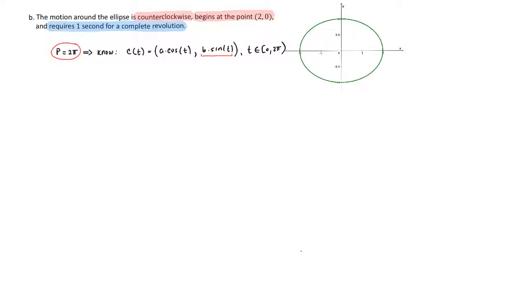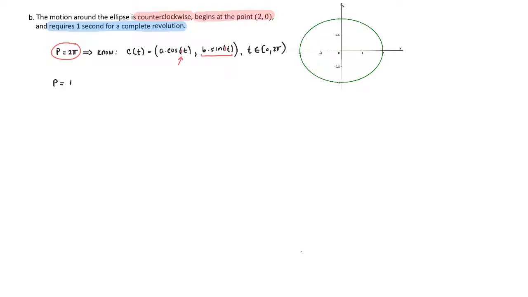But if we change the period, if the period now needs to be 1, then we are going to have to adjust our parametric equation. It will no longer just be a cosine of t, b sine of t. If we change the period, that change will be demonstrated somehow. That change will show here within the angle. That means that the coefficient of t won't just be 1 times t. Here it is just 1 times t.